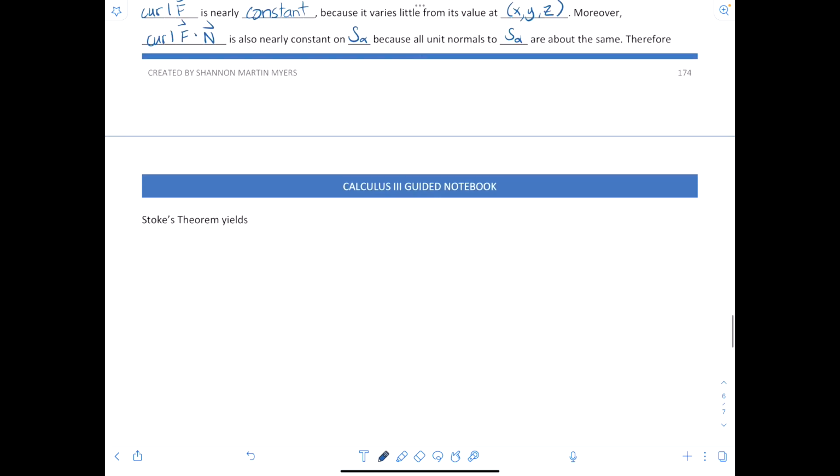Therefore, Stokes' theorem yields the line integral over the boundary C alpha of F dot T, remember T is the tangential component, ds, is equal to the surface integral over the oriented surface S alpha of the curl of F dot N, with respect to the oriented surface. Cool?